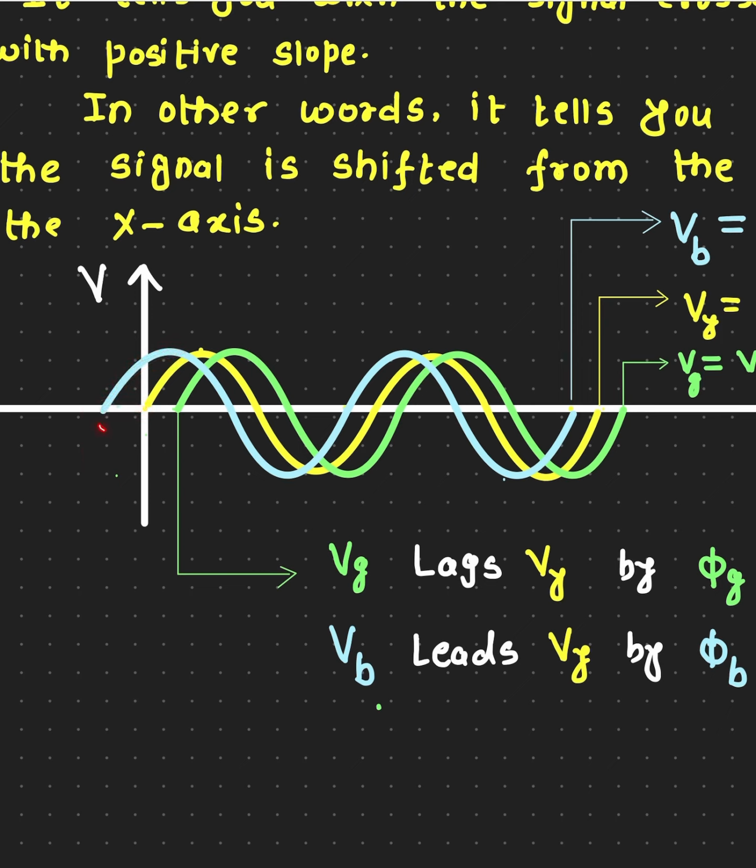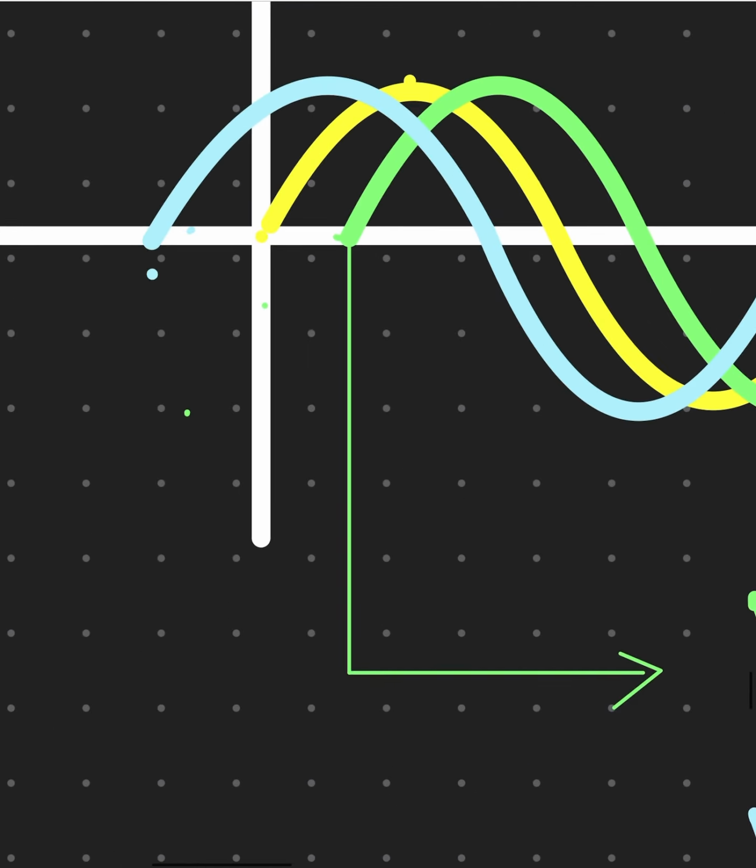I can call this the phase for the blue one, and similarly this one would be the phase for the green one. Now the yellow one is right at the origin, so it has no phase. So phi for the yellow one would be 0.